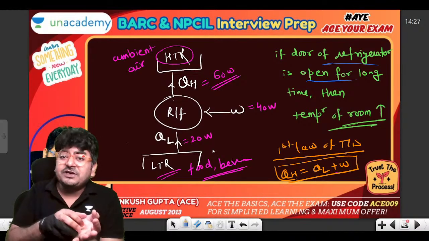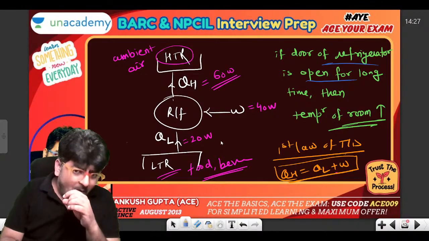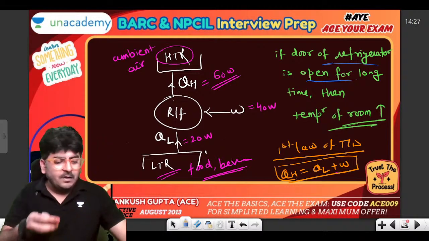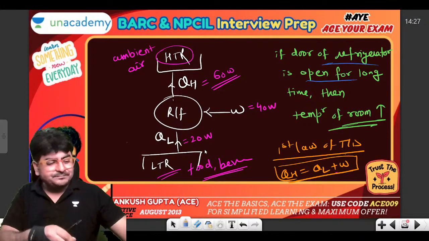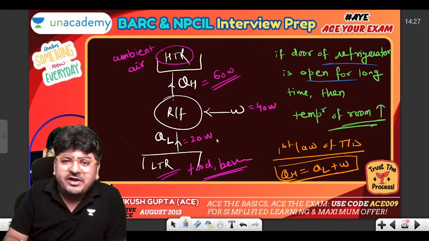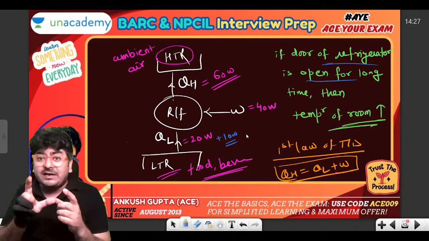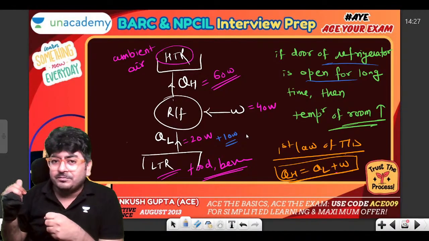Now the refrigerator will extract the heat from the room air also. So suppose now it is extracting 10 watt of heat extra from the air. So think like this: it extracted 10 watt of heat from the room.